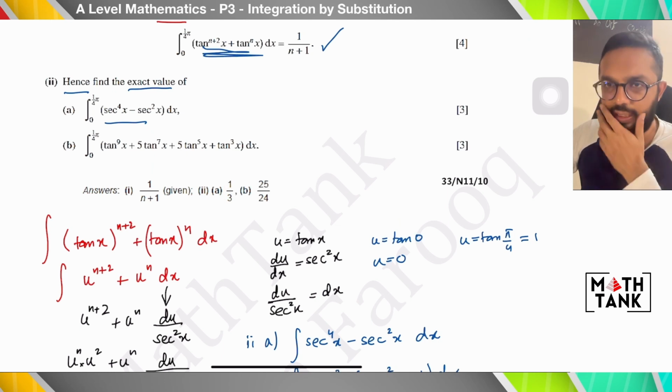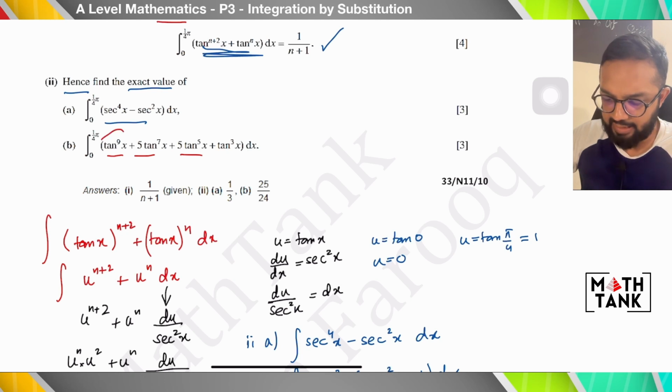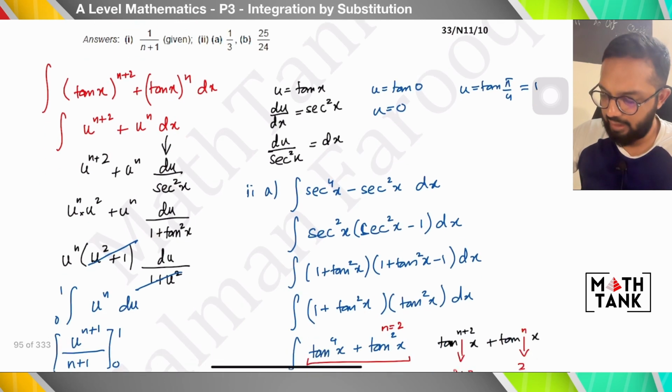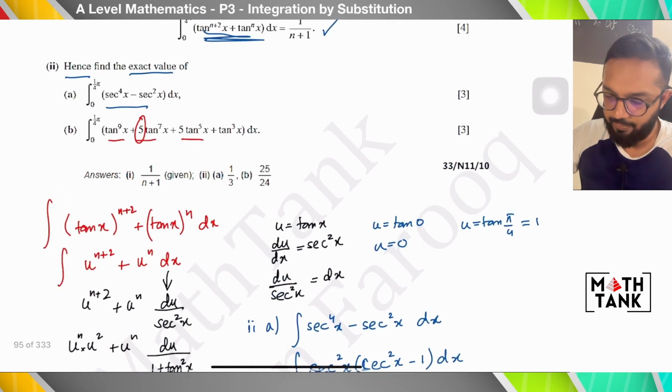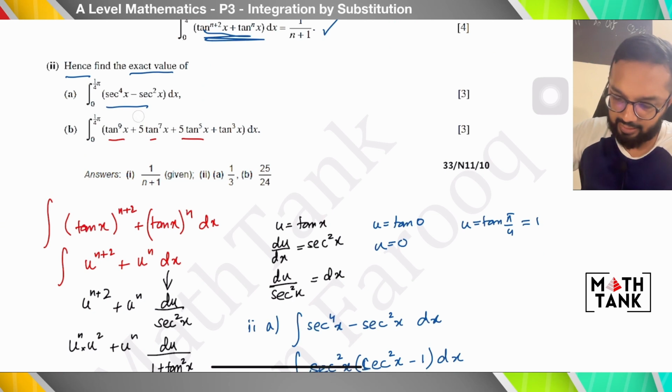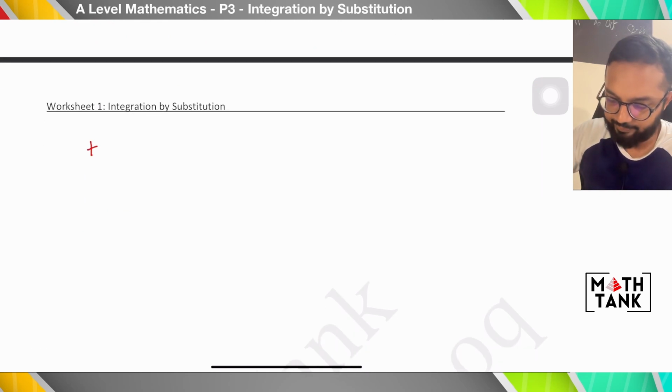Then going on to the next question, this is tan power 9x plus 5 tan power 7x plus 5 tan power 5x plus tan power 3x, integrated from 0 to pi over 4 like before. I see these patterns in powers of 2, but the problem is that I have a 5 here, which is problematic.